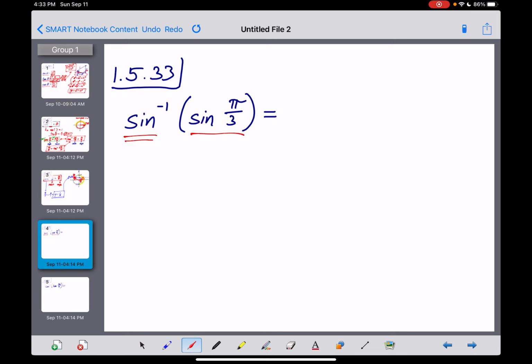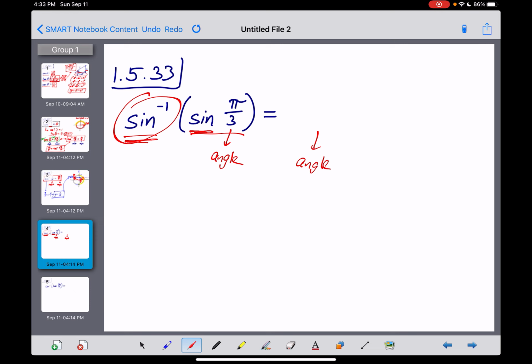So they're asking you for an inverse trig ratio of a regular trig ratio, and that means that pi over 3, they're back to giving us an angle, not a ratio now. But the last question they're asking us is inverse sine. That means that my answer in that case is most likely going to be an angle as well.